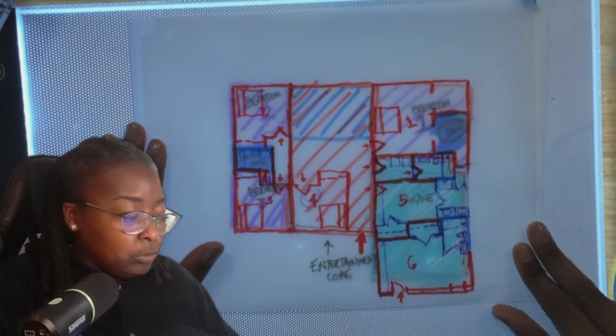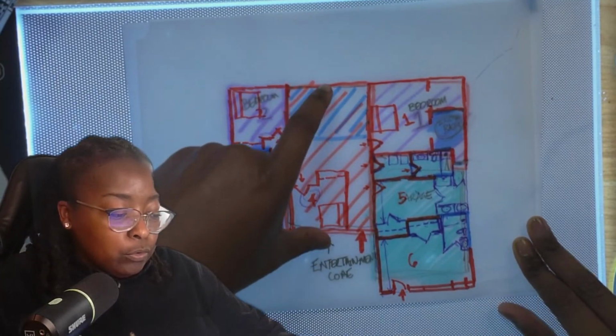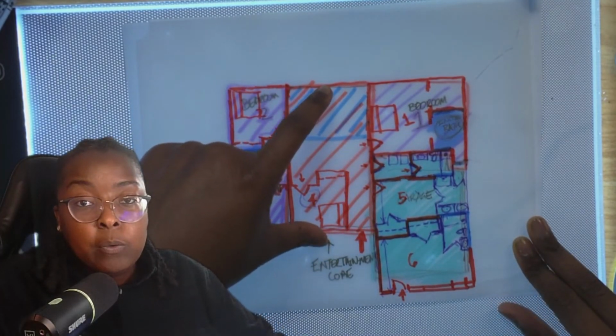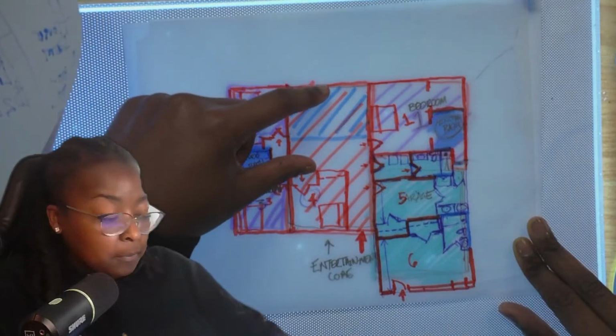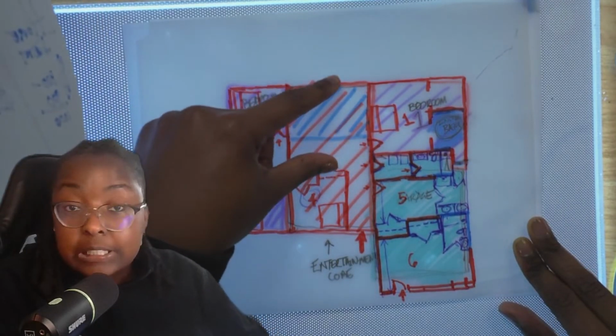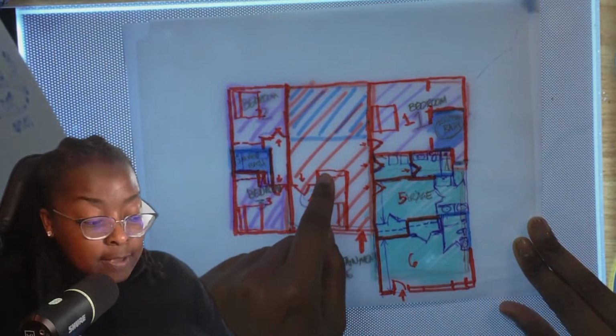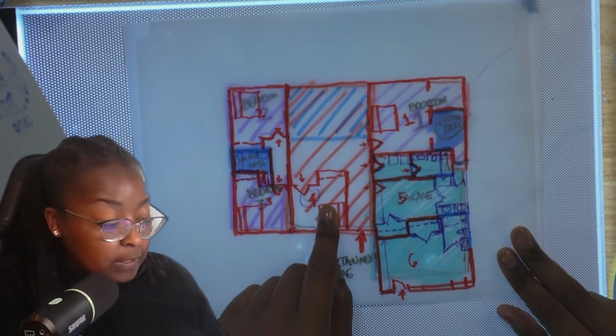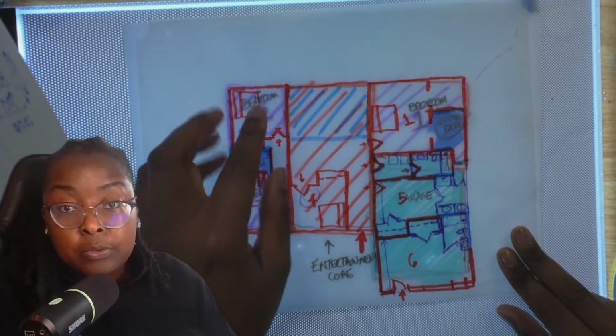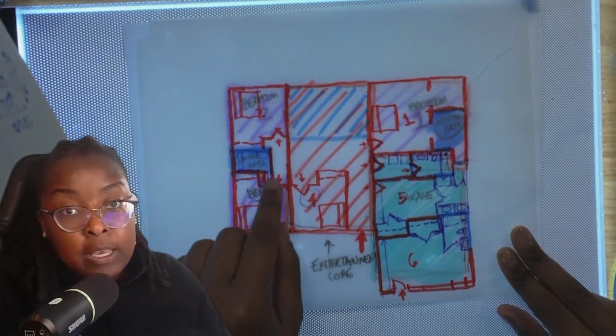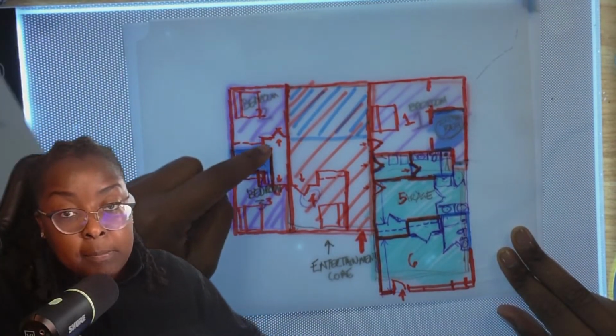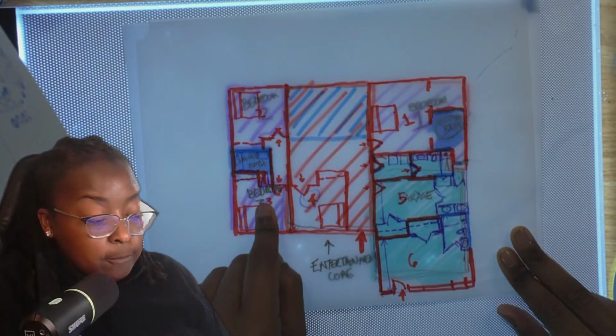So we're able to take this entertainment core, shrink it down to roughly about half its size. That other half, we turn it into a bedroom. We have a bedroom number 3 and bedroom number 2. So this side mostly stayed the same. We only took this bath and made it an ensuite.